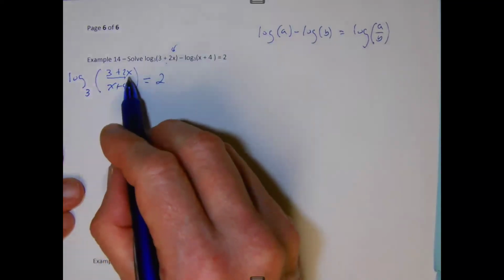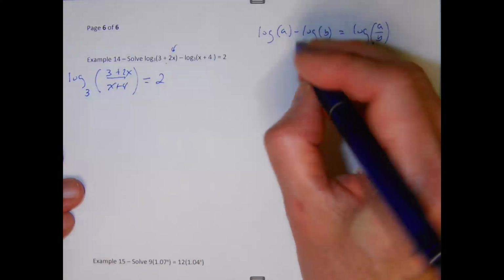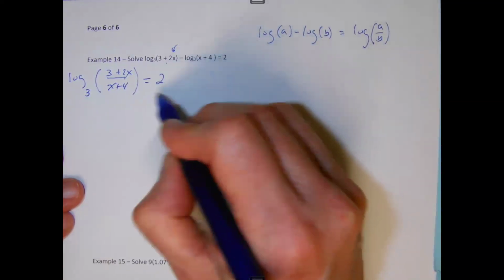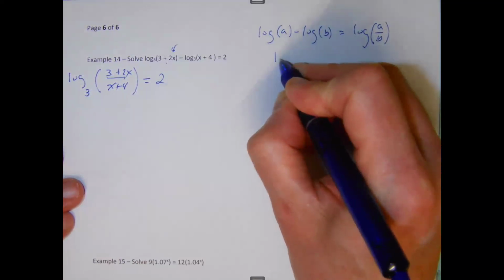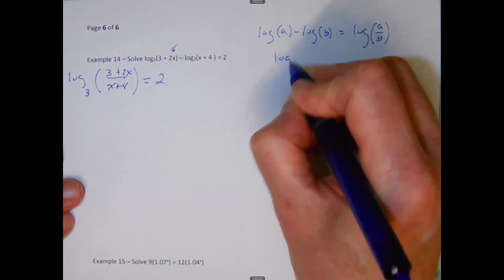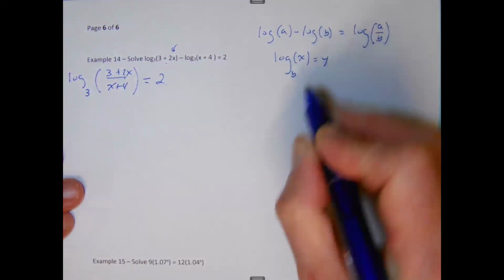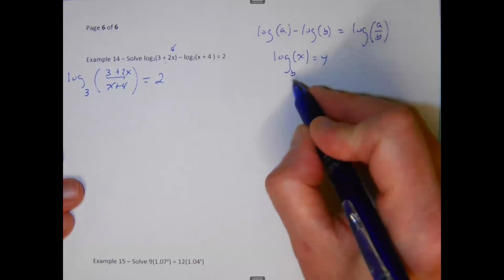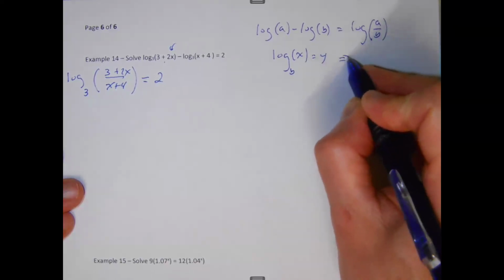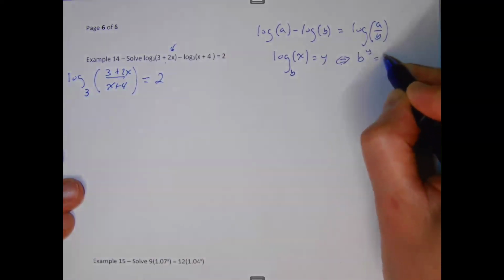Next, I need to again free this variable x from inside the log. How can I do that? Well, there's no longer a log on this side, but I can change it to exponent form. So all I'm going to do right now is apply this rule. It says, if I have log base b of x equals y, I can rewrite this in exponent form as b to the y equals x.